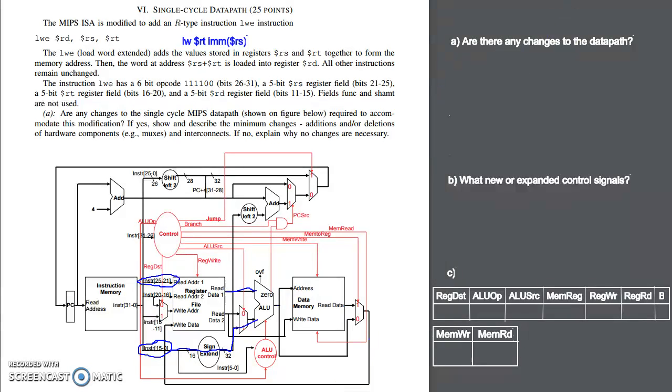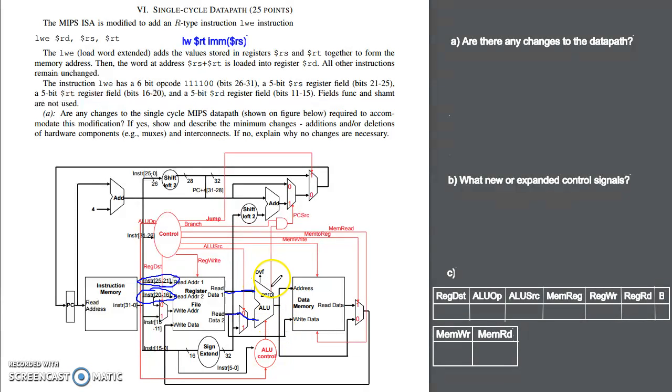So how exactly can we get this to do what we want? Instead of adding together RS and this immediate value, we want to add together RS and RT. So we start with RS and put that in our ALU. Then we'll take RT and put that value through this mux and into our ALU.